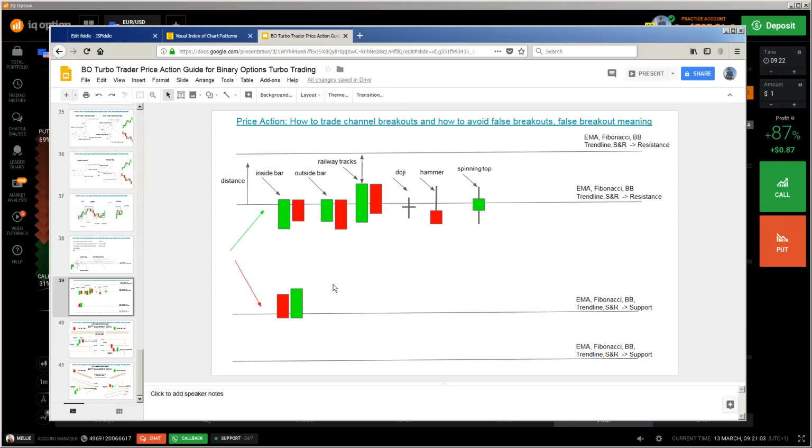Because if I see below the halfway an inverted bullish hammer, I'm going to do a put. Also, if it only penetrates a little bit, I will do a call, because the inverted bullish hammer is a continuation pattern. You have to understand the pattern, and that's the reason why I'm telling you to get this ebook and watch all the videos to understand all the important candlestick patterns, because it's all based on this.